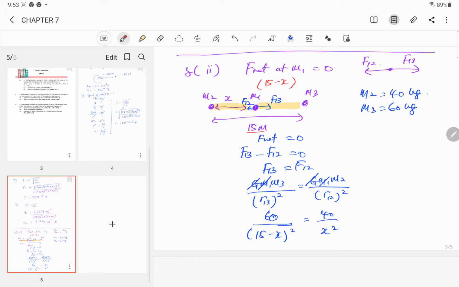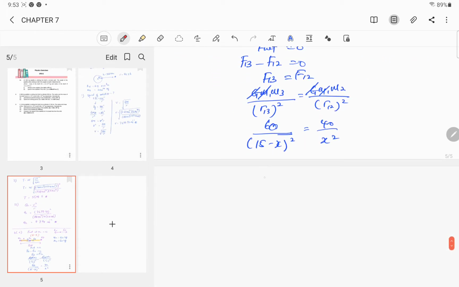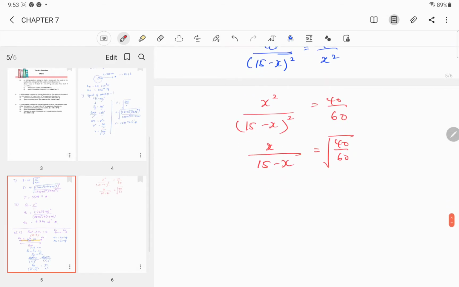Okay, so then kita mathematics process. 40 over 60, so x over 15 minus x equal to 40 over 60. Kita set lagi sebab kita hilangkan kuasa 2.